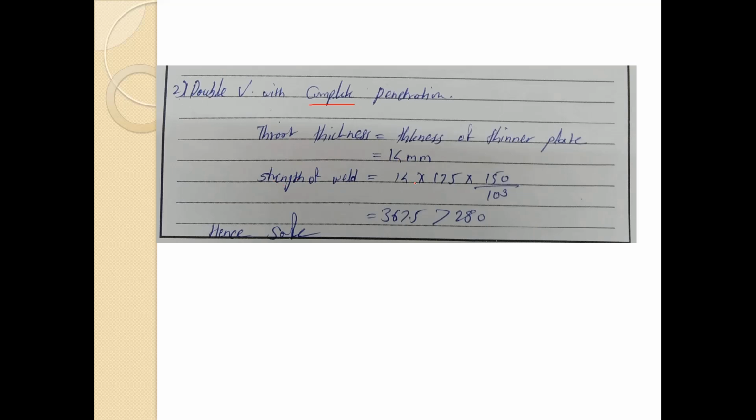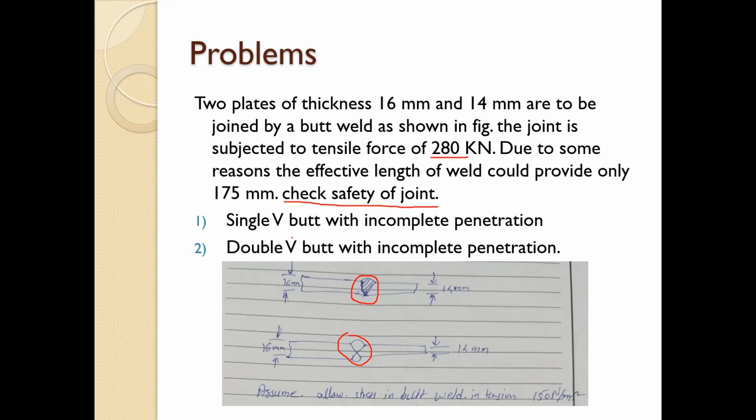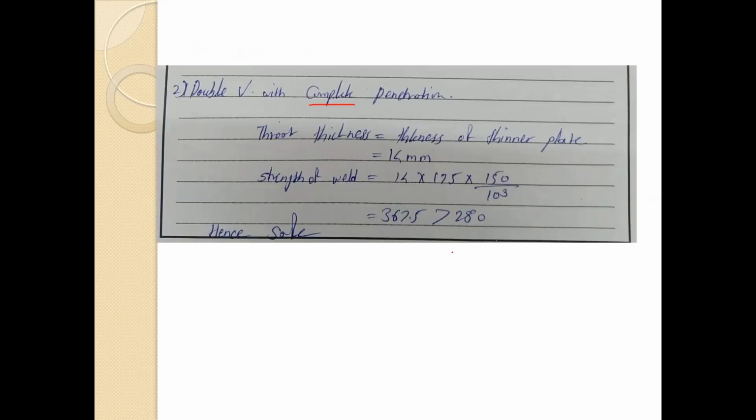The strength of the weld is 14 into 175 into the strength of the weld, and that becomes 367.5, which is greater than 280, which is safe. So this is complete penetration, not incomplete, we have the complete penetration over here. So remember that thing.